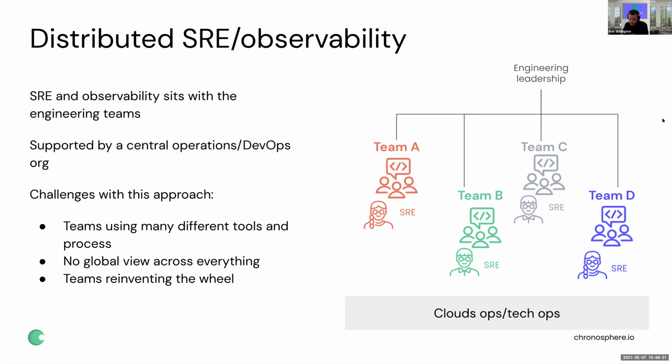So, of course, the reason this is ideal is it's easy to get started, and usually perhaps the SRE role hasn't really been siphoned off to a central organization yet at your company or organization, and this is the decentralized model.